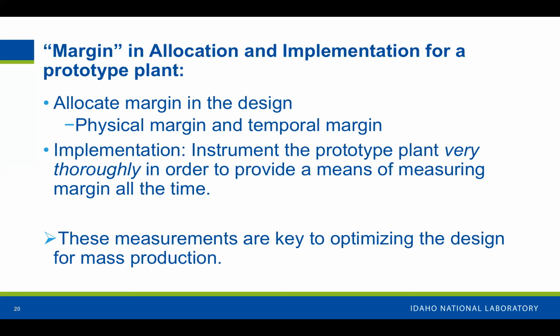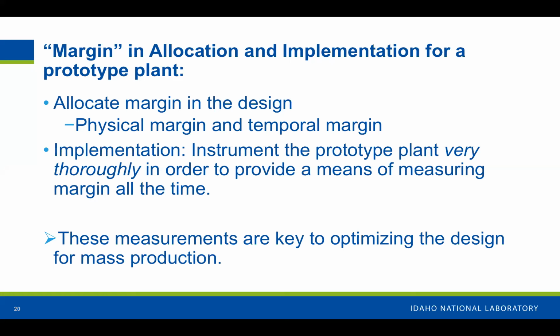But then point B, under implementation, in order to do what you want that prototype to do, which is help you make your case, you want to instrument that plant very thoroughly in order to provide a means of measuring margin all the time.